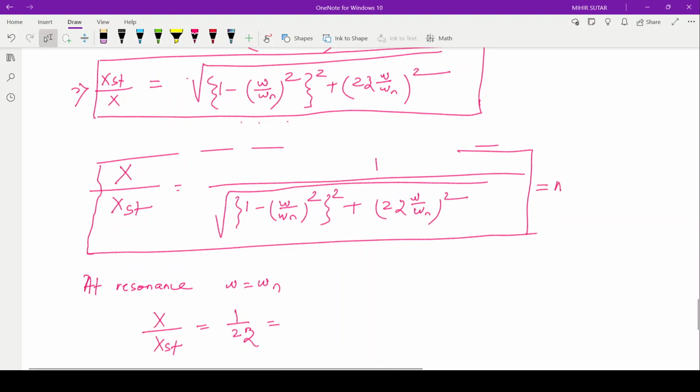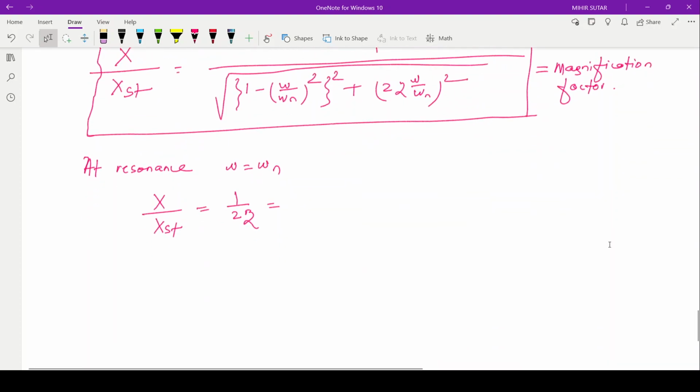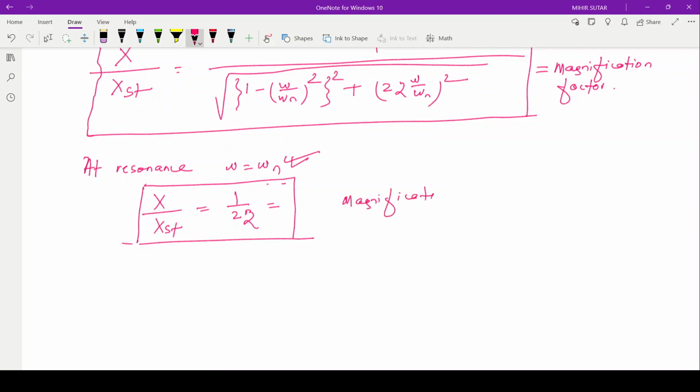So this is your magnification factor x by x st. So at resonance, when omega is equal to omega n, your magnification factor is 1 by 2 zeta. Okay.